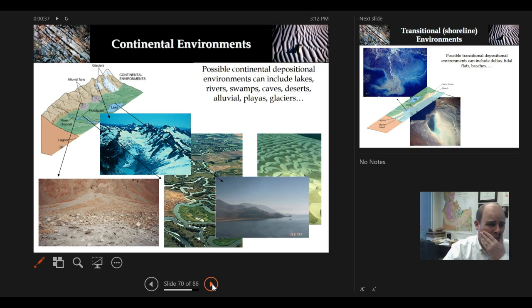So let me give you some examples here. Here are some continental environments. Glacial environments, alluvial fans coming off of maybe a mountain stream here, rivers like this one here, sand dunes, a lake deposit. This is a picture I took of the Great Salt Lake, where I did a lot of my research when I did my PhD.